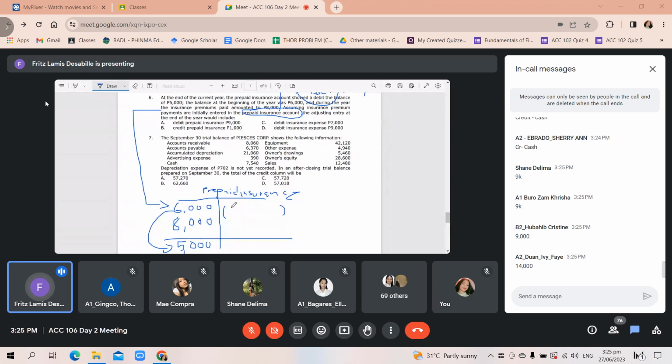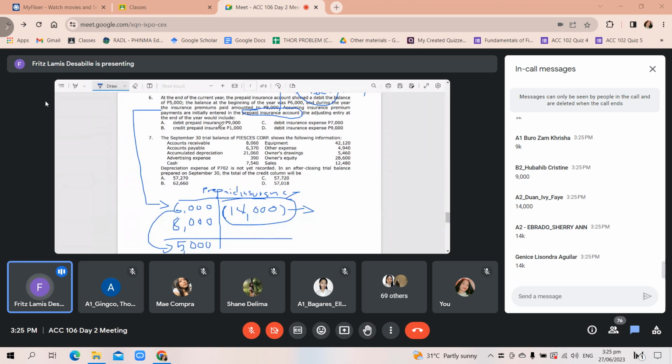So nag-credit ta og 14K sa atong prepaid insurance. Ay, sorry.